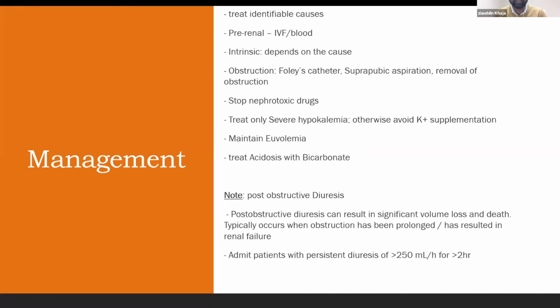So everything just goes out. So basically, if somebody's having more than 250 mils for more than 2 hours, then you're thinking about admission. And then basically what you do is you replace that fluid back into the body until the kidney function itself normalizes.